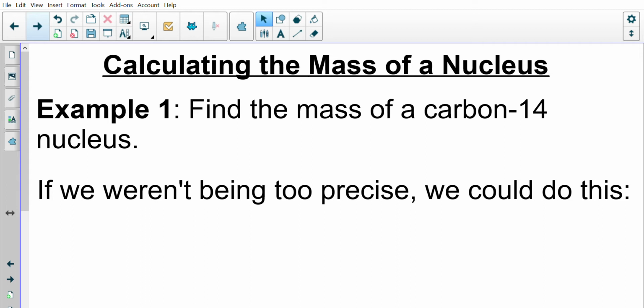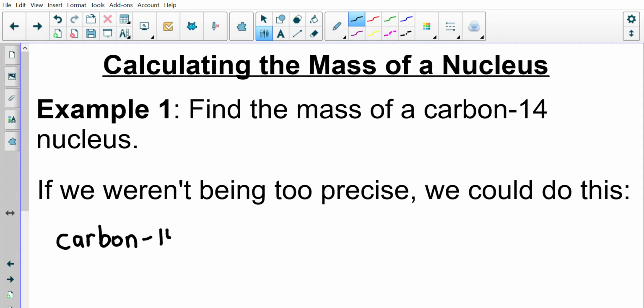If we weren't being too precise, here's what we could do. We would look up carbon-14, or just carbon, on the periodic table, and we would find that carbon contains 6 protons, because all carbon contains 6 protons, and that's because carbon's atomic number is 6.